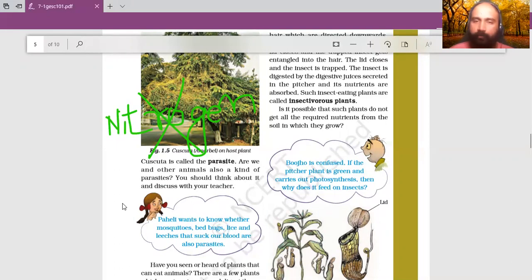I'll teach you that now. All of you might be interested right now because I'm going to teach about the insectivorous plants. Insect eating plants. Insectivorous plants are very, very interesting to study.